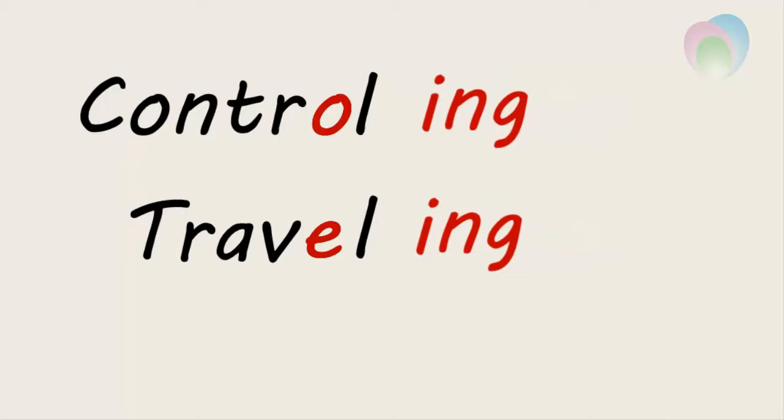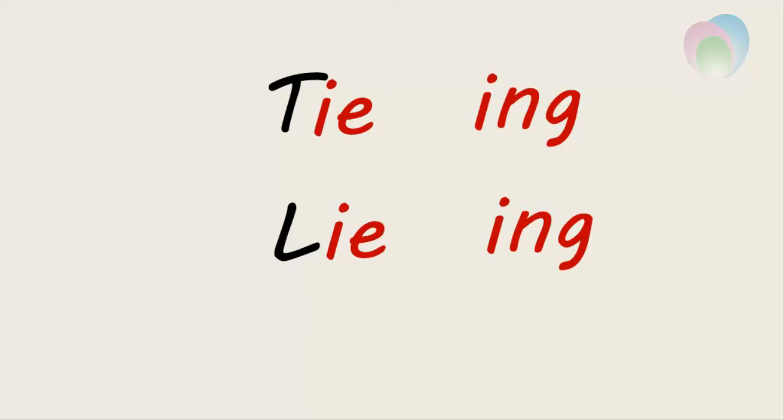So in British English we spell the words controlling and travelling with double L's, but in American English we spell them with a single L. Finally, when a word ends in IE, as in tie or lie, the IE changes to Y. So the words lying and tying are spelled with Y's in the progressive tense.